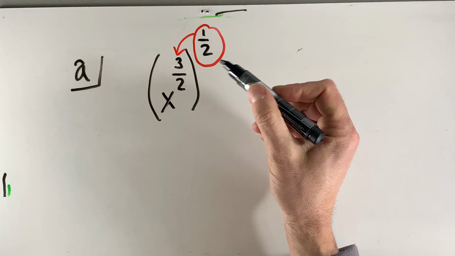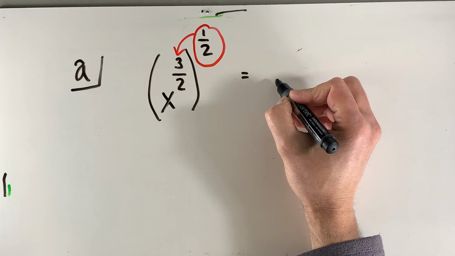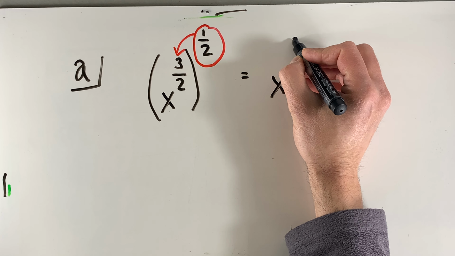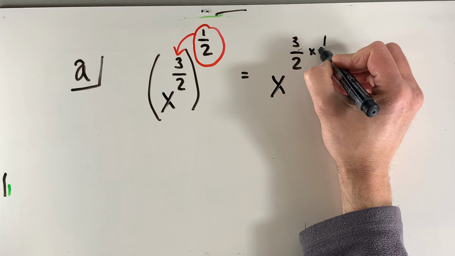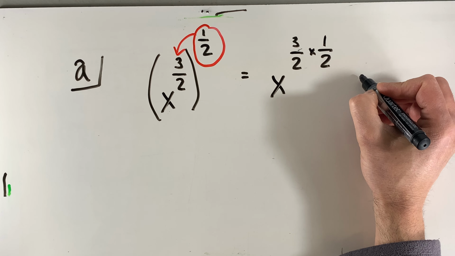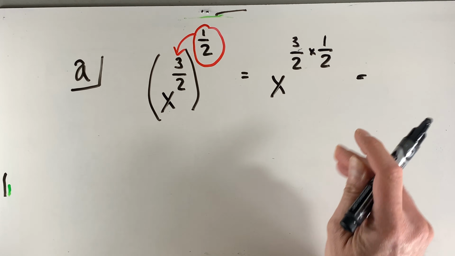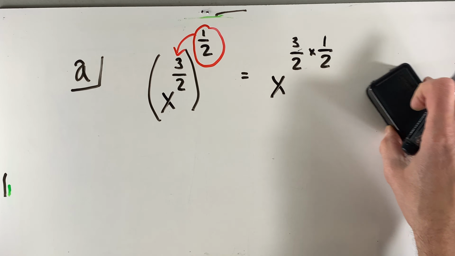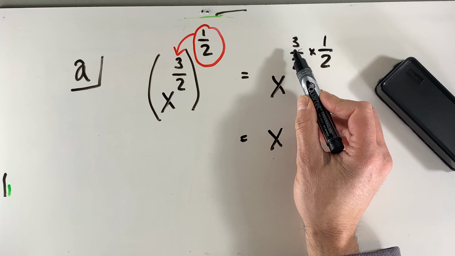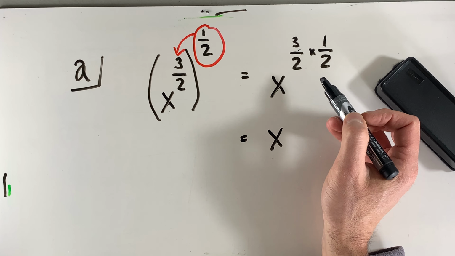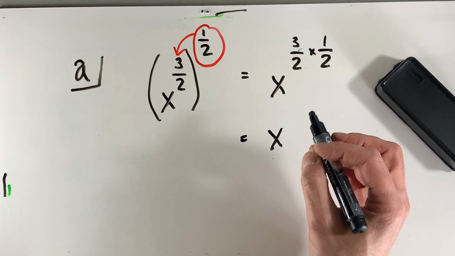So if we rewrite this, we're going to end up with x to the power of 3 over 2 times a half. This is going to be x to the power of, so when you're multiplying fractions, you multiply upstairs by upstairs, downstairs by downstairs.